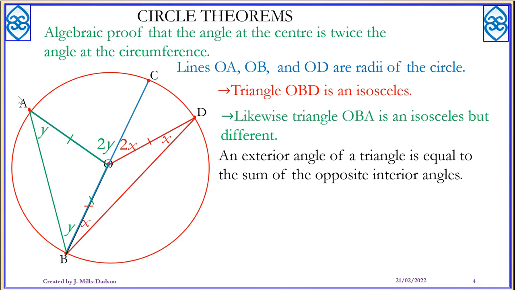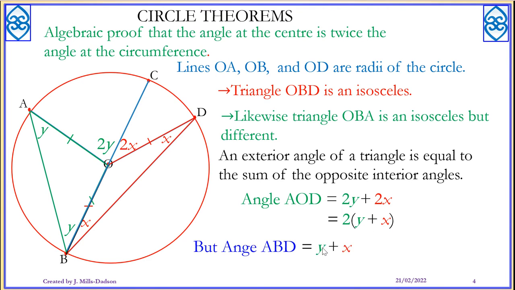So you can see that angle AOD is the angle at the center and is equal to 2y plus 2x. And if you factor out 2, this is what you have. And you realize that y plus x is really what forms angle at the circumference. So if y plus x is angle at the circumference, then when you double it, you get the angle at the center.